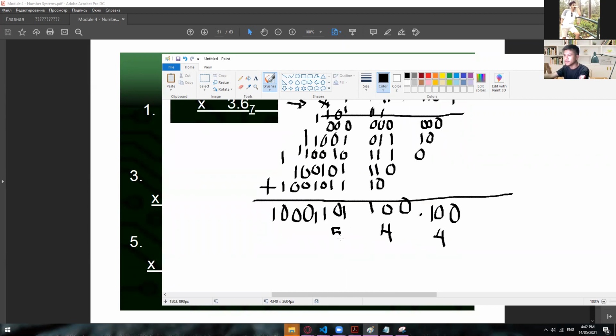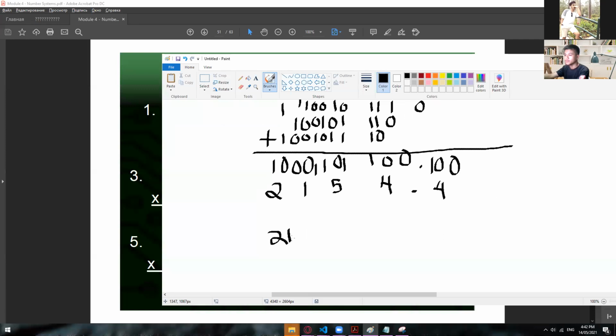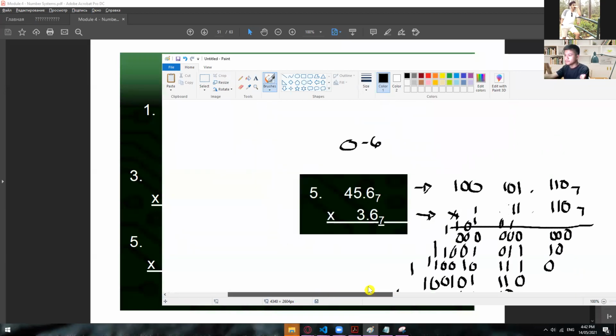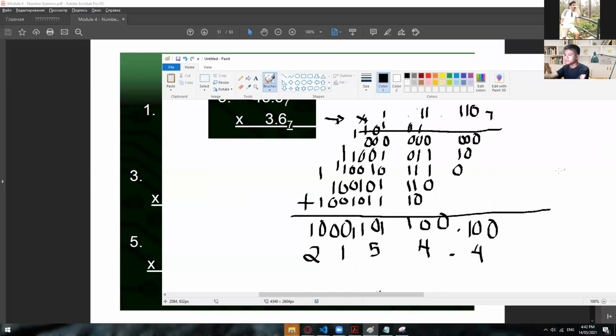So it's 5, 101. And 001 is 1. And then 010 is 2. Okay. So in here, we have 2154.4 base 7. Okay. So are we clear now regarding multiplication?